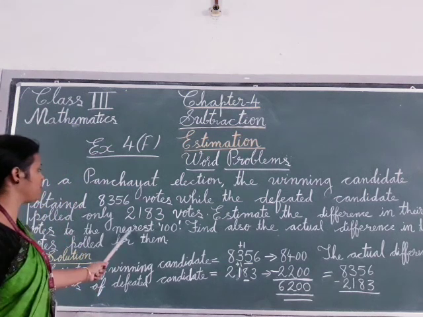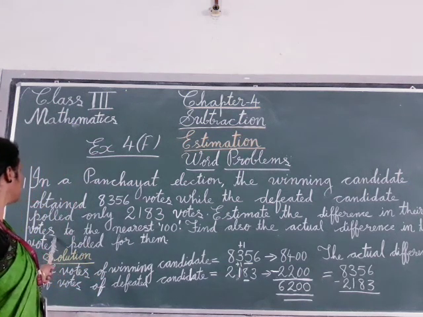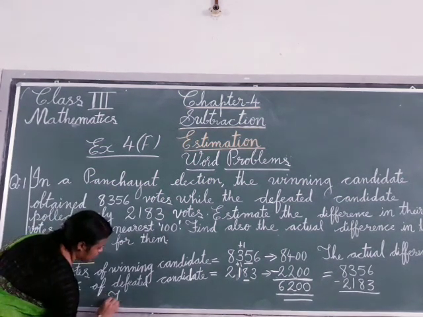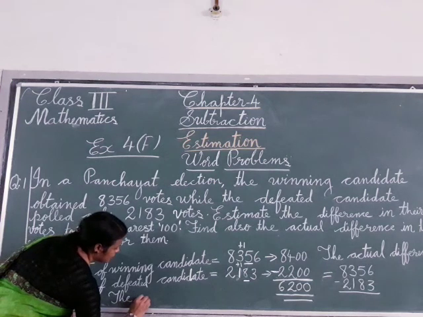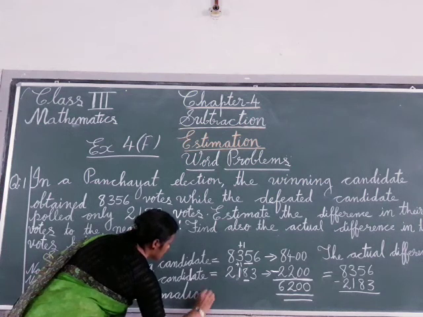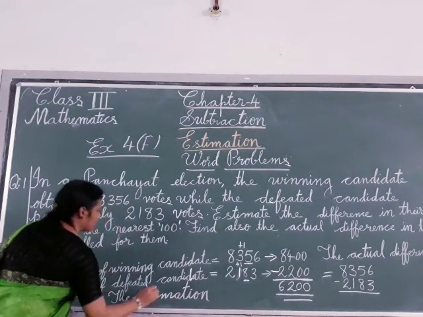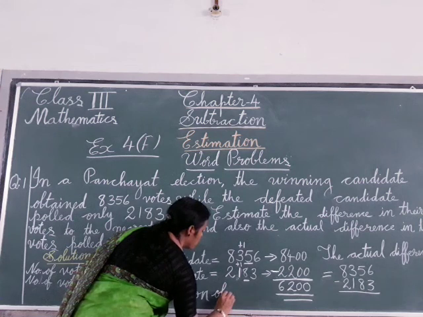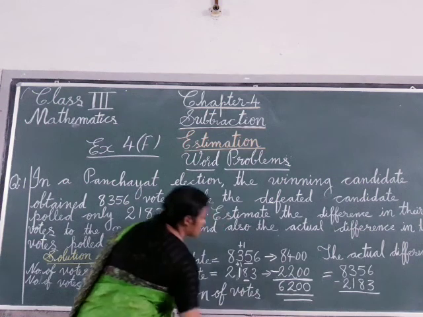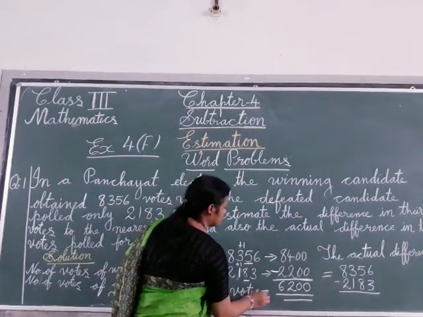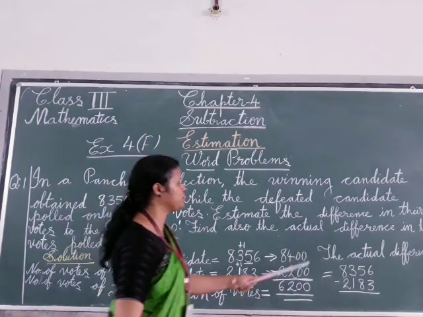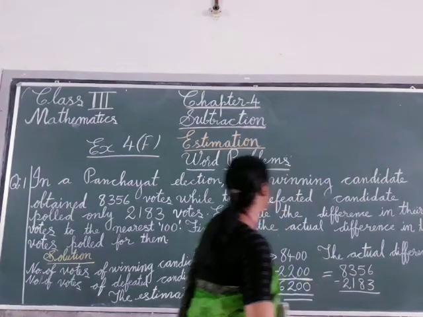The estimation of the votes we can write here, the estimation of 6,200.